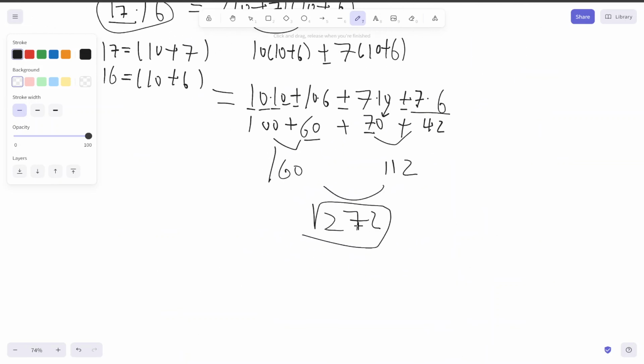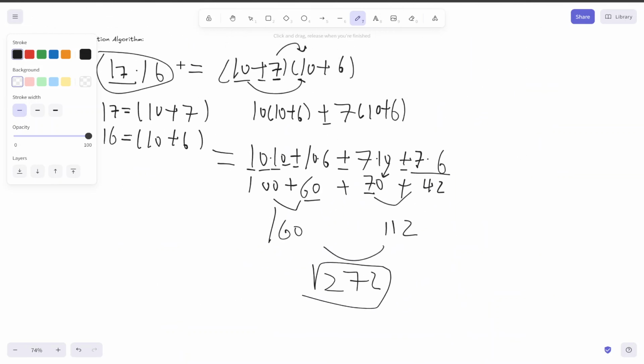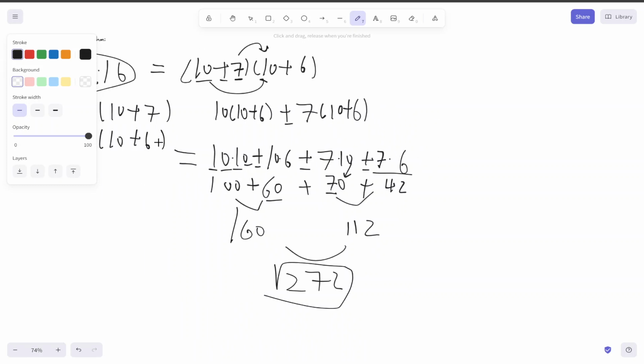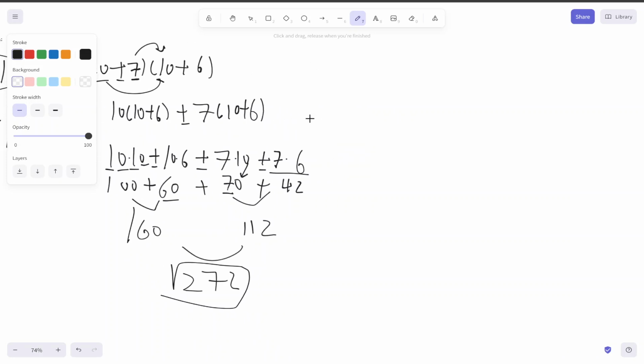It's going to be pretty tedious and space intensive to write this out every single time, although this is in principle how you will actually do this. But there's a nice cleaner way that we can write this, just like how we can write the addition algorithm.